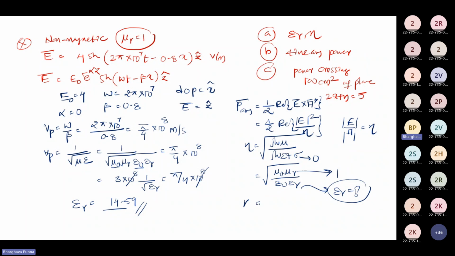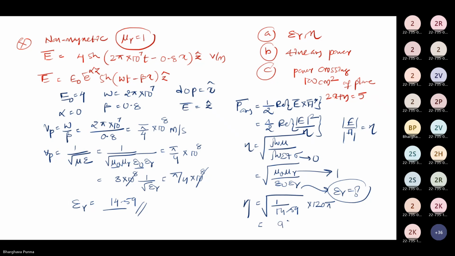So eta is equal to root of mu naught by epsilon naught, whose value is 125... so mu r value is 1, by epsilon r value 14.59. This root of mu naught by epsilon naught is nothing but we can take 125. So you can calculate the eta value like this. So you calculate and tell the eta value, how much you are getting. Anyone can tell.